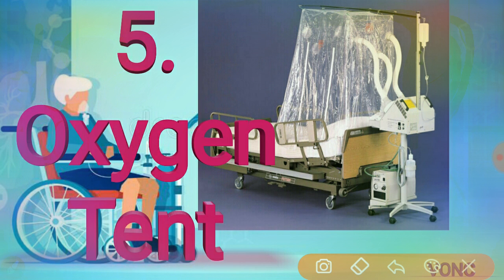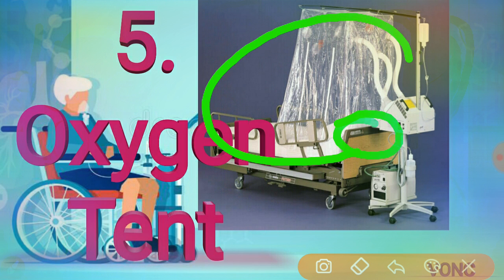When a patient has facial injuries, or for any other reason cannot tolerate an oxygen mask, then this method can be used. If the patient is not tolerating the nasal catheter, the nasal cannula, the oxygen mask or transtracheal oxygen, then the oxygen tent is used for the client.